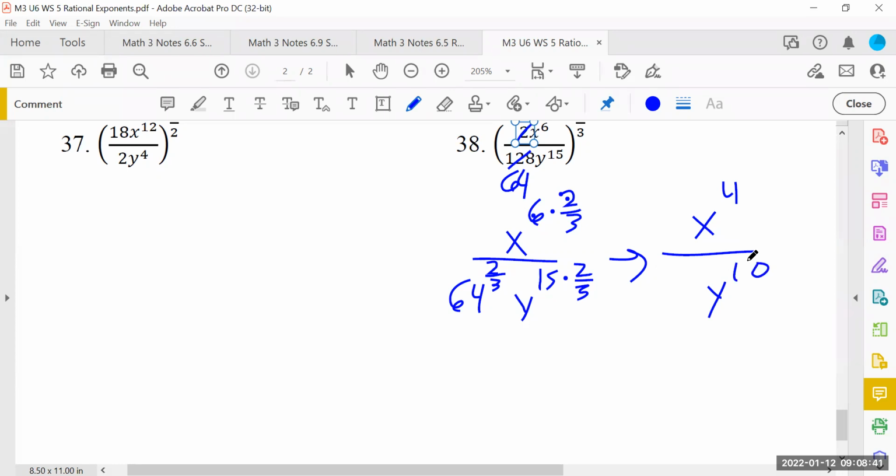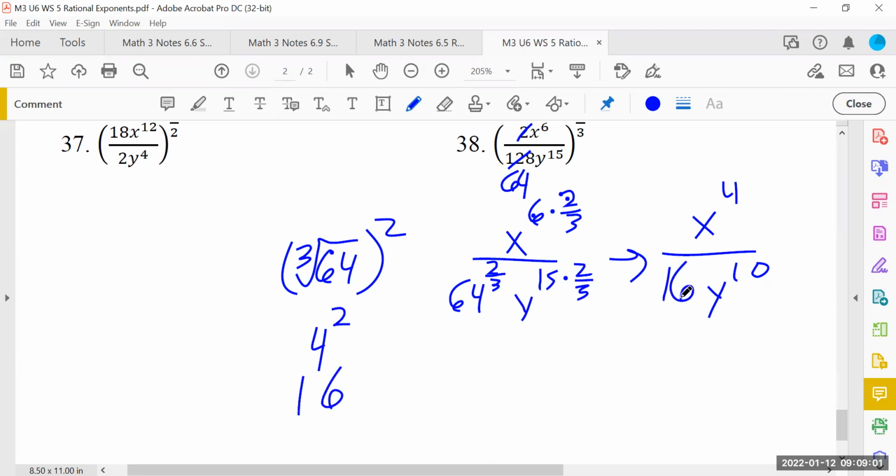But what I need everybody to see is you don't multiply the 64 times 2/3. You either do the cube root of 64 and square that. So the cube root of 64 would be 4. 4 squared would be 16. That's what would go here. Or you write that 64 as something to a power.